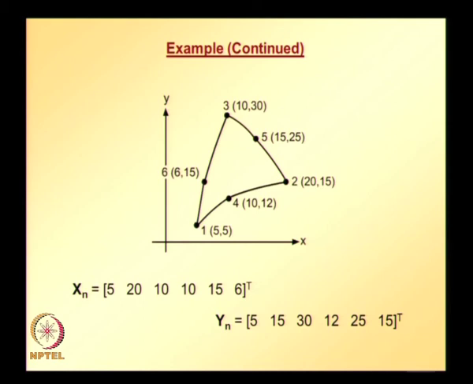S equal to 1, 0, t equal to 0, 1 at nodes 2 and 3, and by substituting S equal to half, t equal to half at node 5.